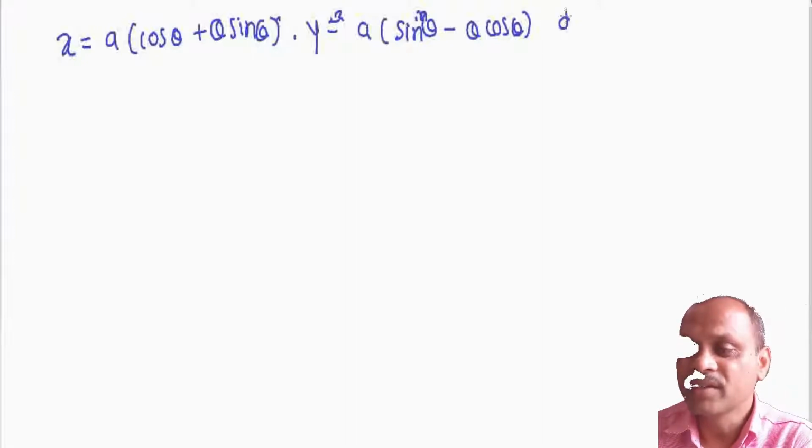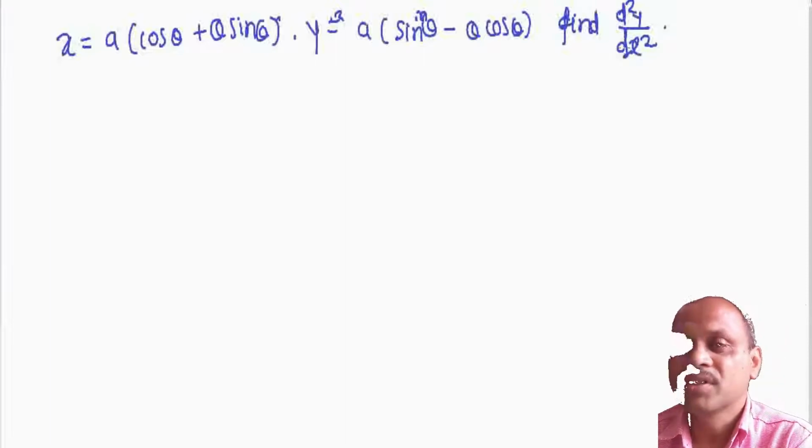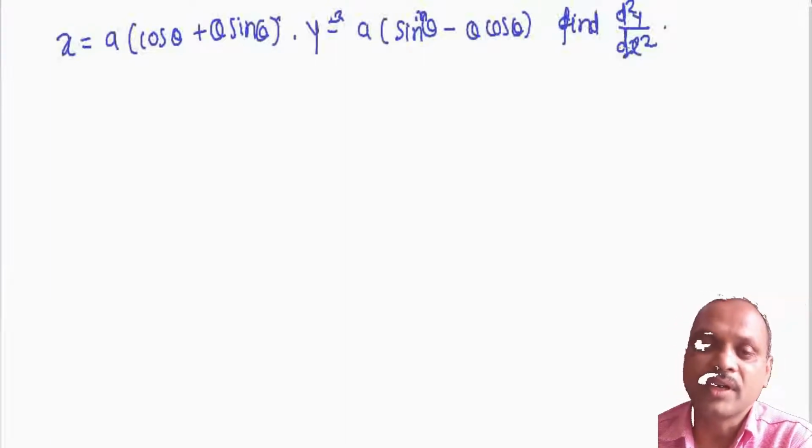Then find d2y by dx square. Here you can see that y and x are functions of theta, so this is a parametric form.